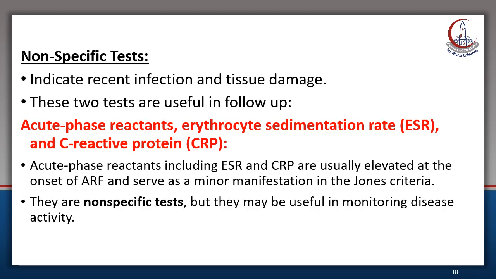These tests are erythrocyte sedimentation rate, ESR, and C-reactive protein, CRP. Acute phase reactants, including ESR and CRP, are usually elevated at the onset of acute rheumatic fever. They serve as a minor manifestation in Jones criteria. Both are non-specific tests, but they can be useful during follow-up and in monitoring disease activity.